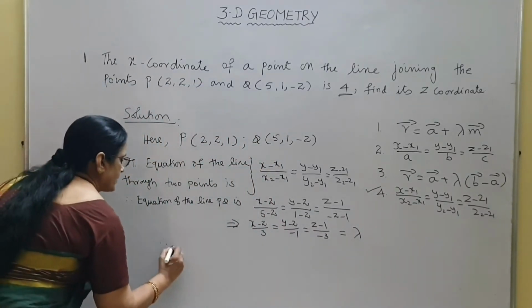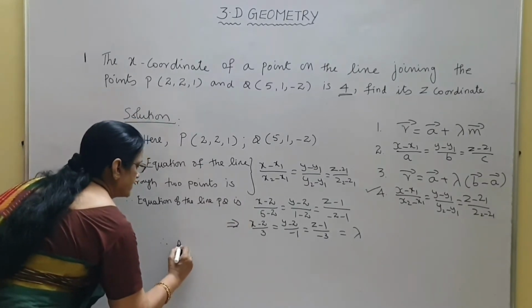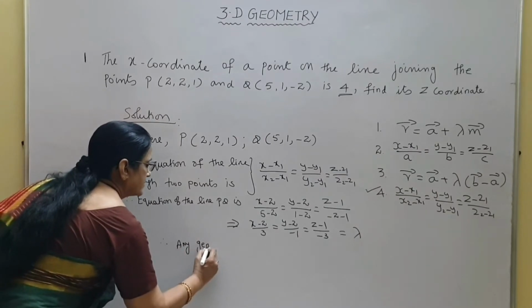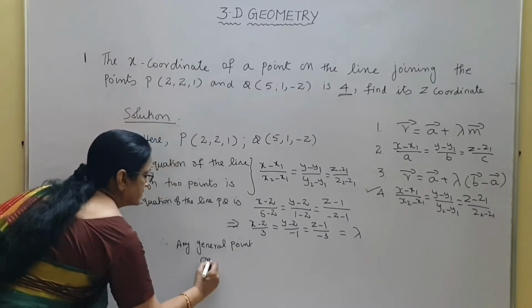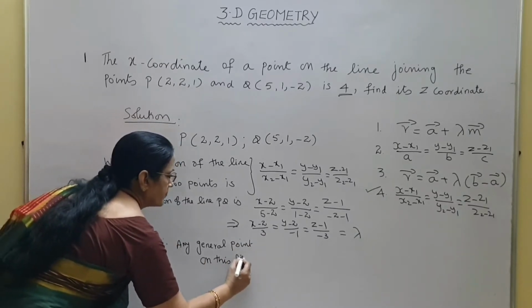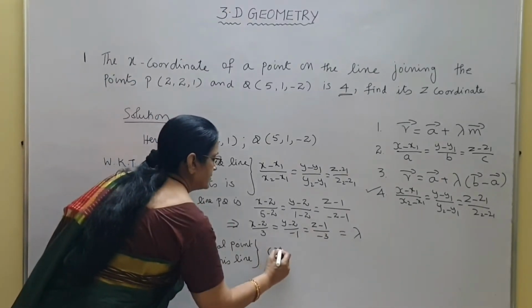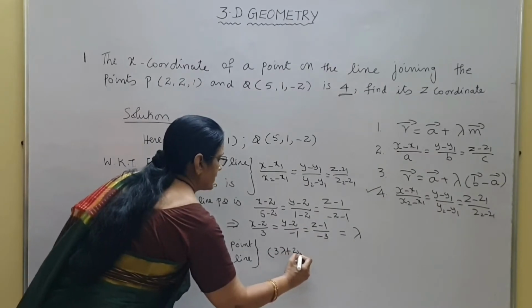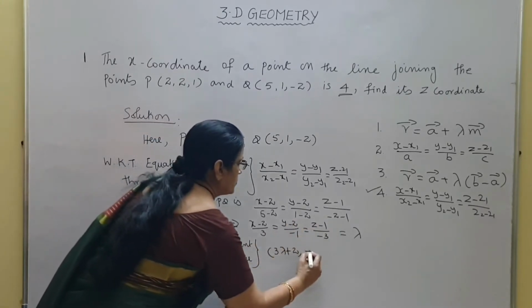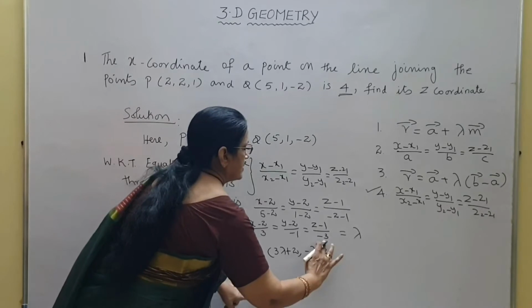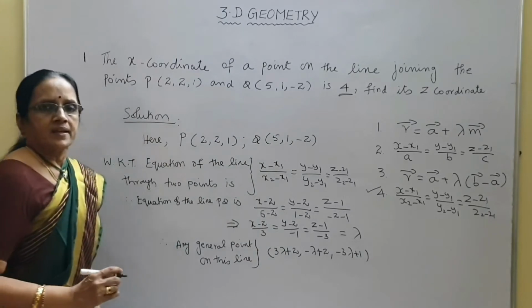Therefore, any general point on this line is going to be (3 lambda + 2, -lambda + 2, -3 lambda + 1).